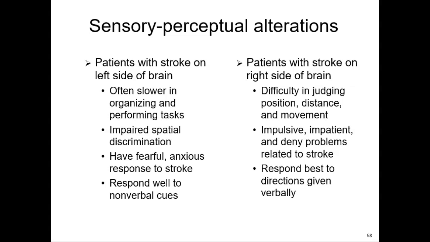So these are the people who are going to be really timid and not get up. I mean, these are generalities, of course. But the right side, these folks are more impulsive, more likely to not think that they have an impairment. So left side, they do nonverbal cues, right side, verbal cues, right? Sit down.